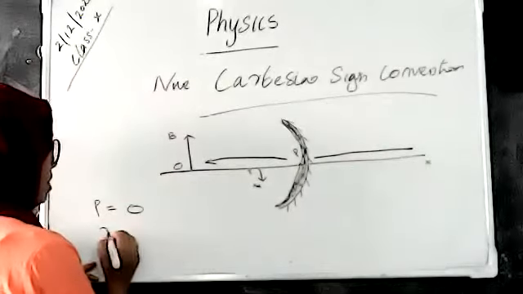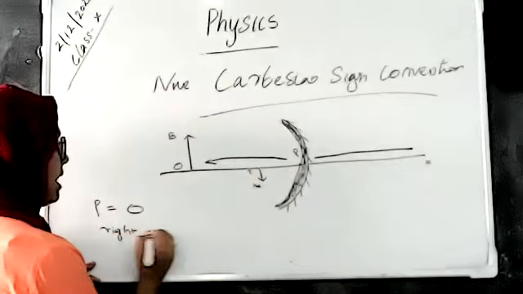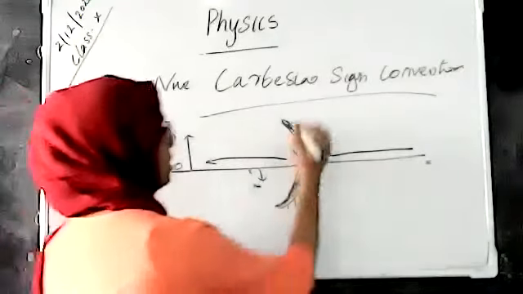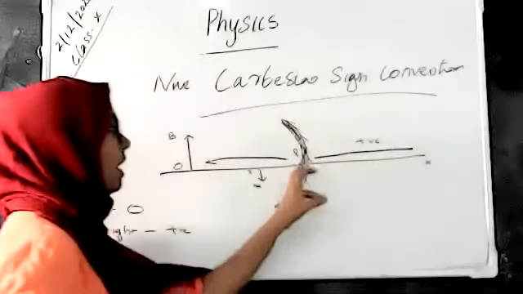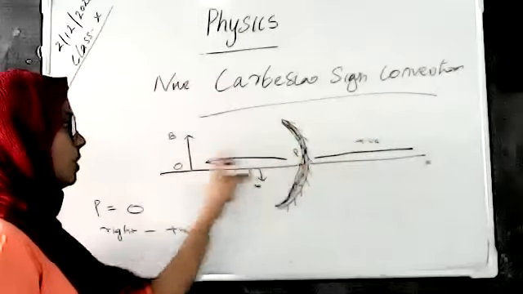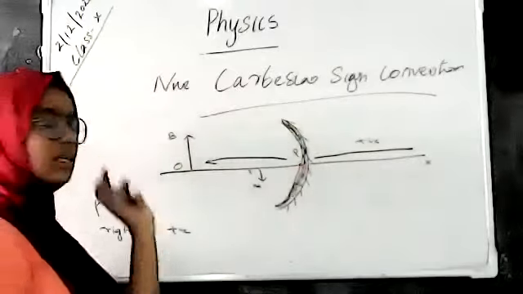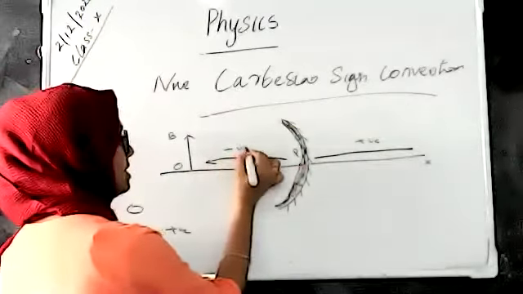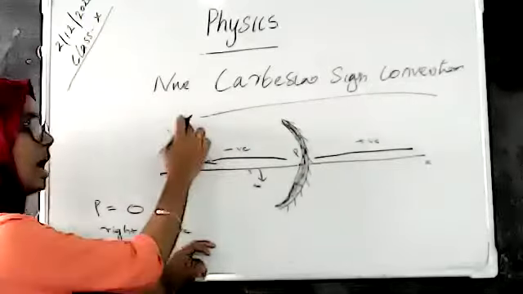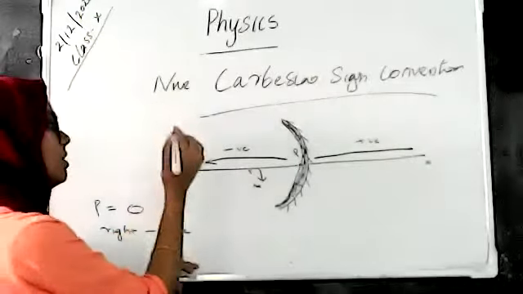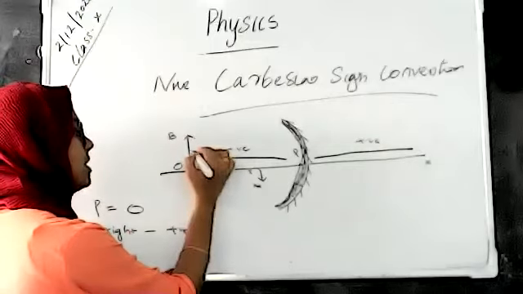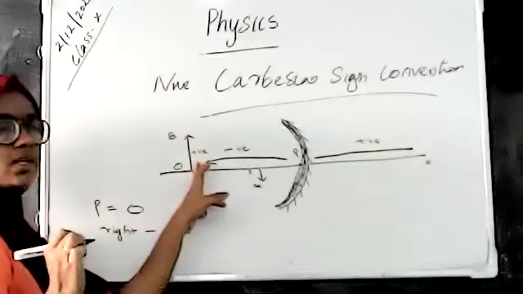So this portion is taken as positive, and from the pole to the left side, this is taken as negative. The object is on the upper portion of the x-axis, so the object height is taken as positive.